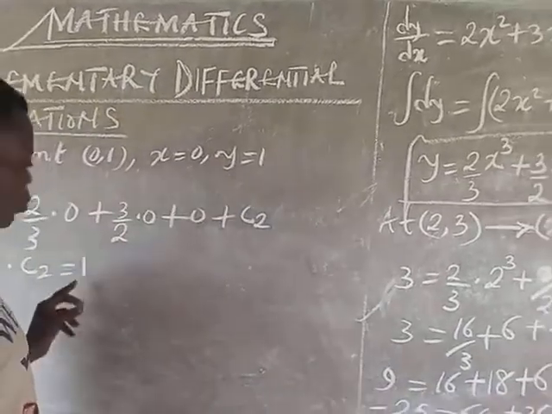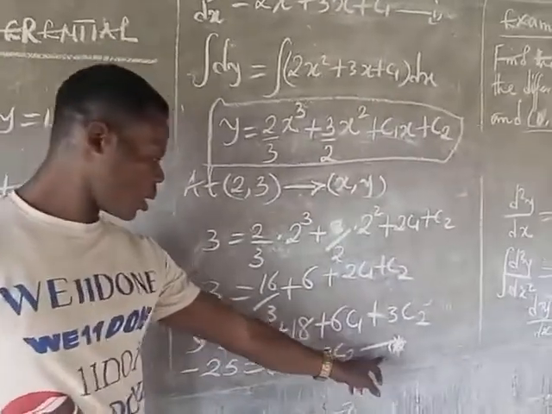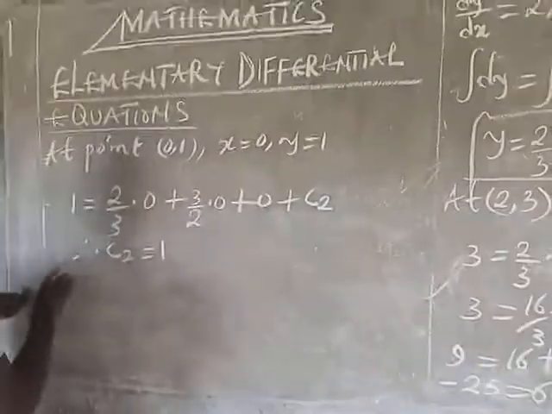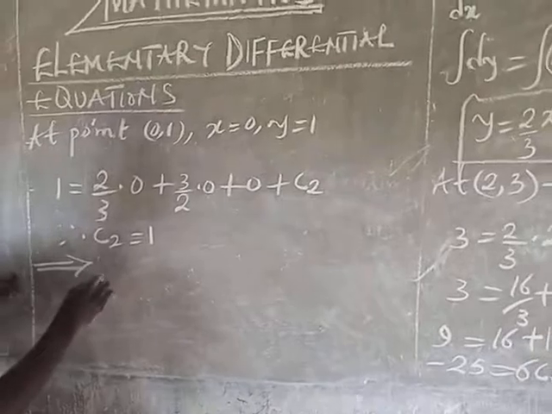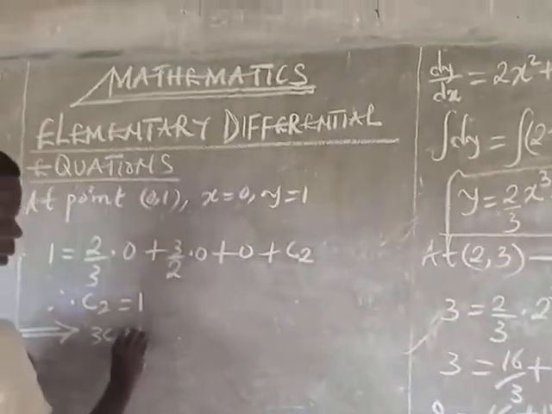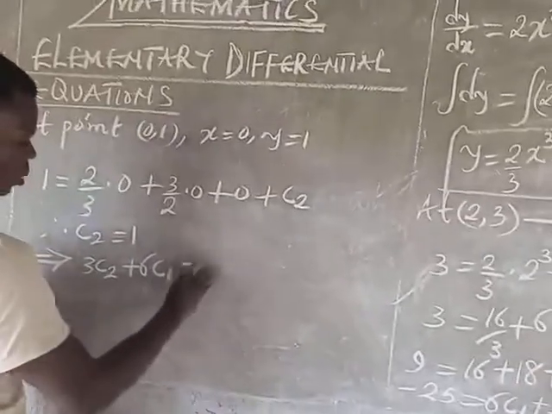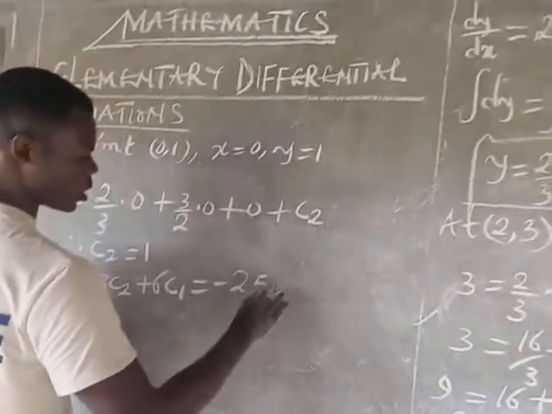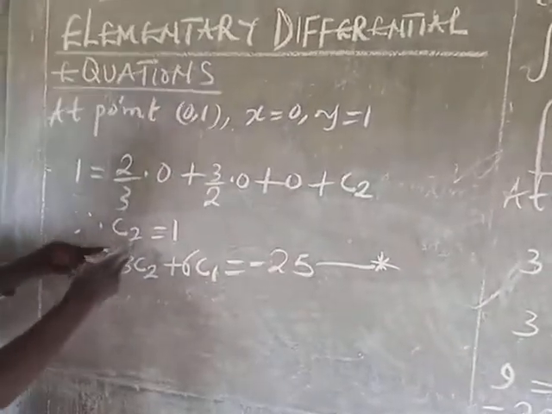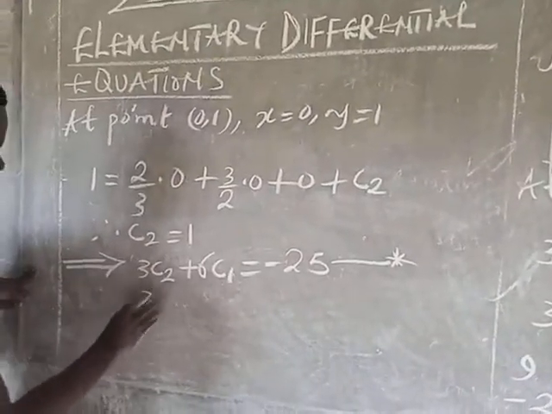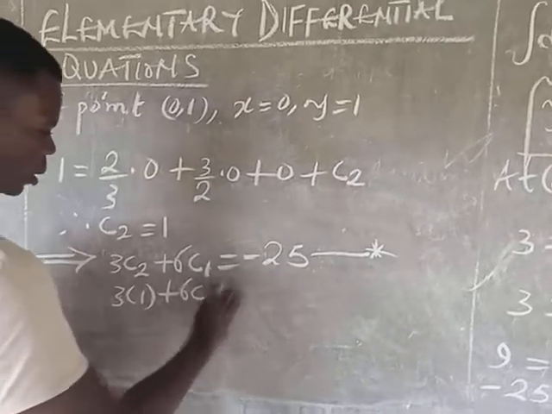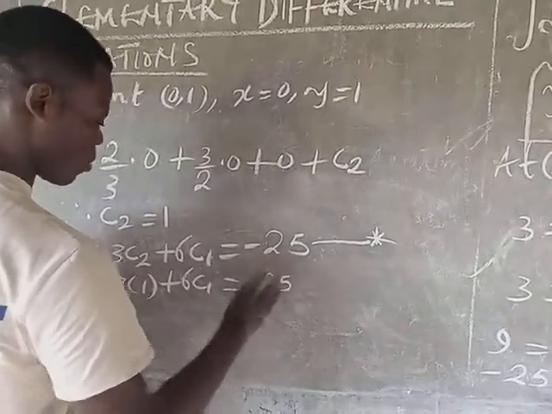Then we can now substitute this c2 into this equation asterisk that we have below. So we have 3c2 plus 6c1 equal to minus 25. Our c2 is 1, so this will be 3 times 1, then plus 6c1 equal to minus 25.